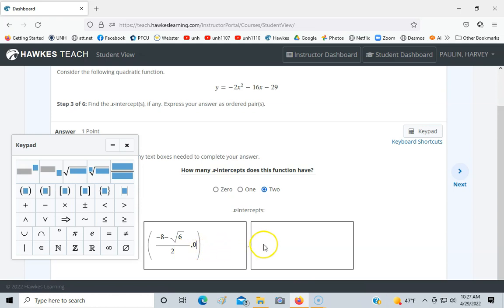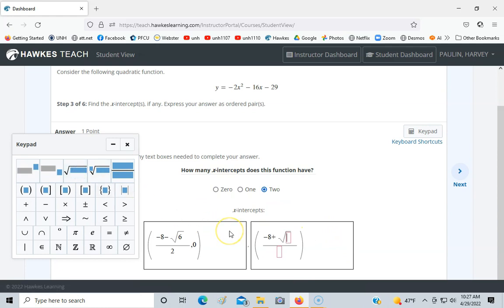This is just putting work into the computer software here. I need to have parentheses. I need a fraction bar. And this one's going to be -8 plus the square root of 6 over 2.